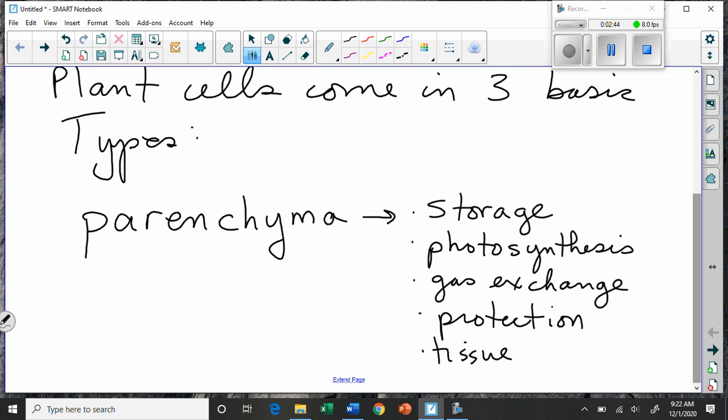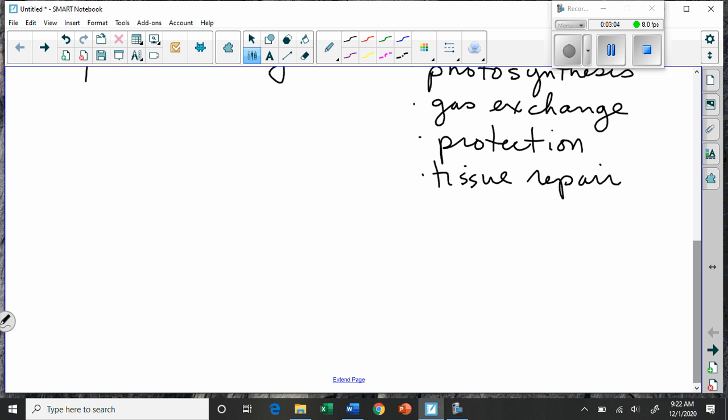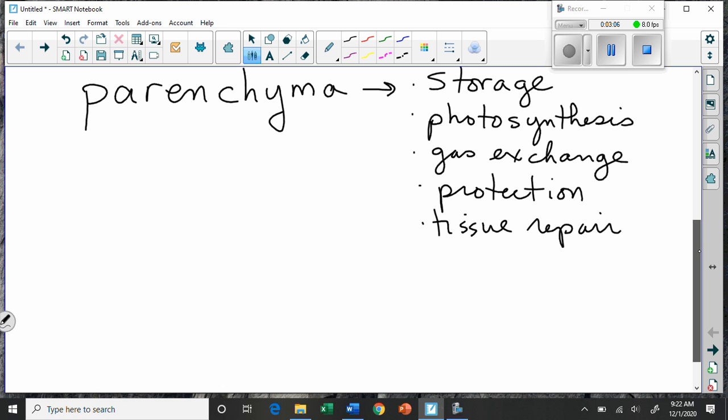So they do a lot of things: repair and growth and replacement and so on. Parenchyma cells. The vast majority of the cells in the middle part of the leaf are parenchyma cells. I think we actually labeled the parenchyma on our last video.